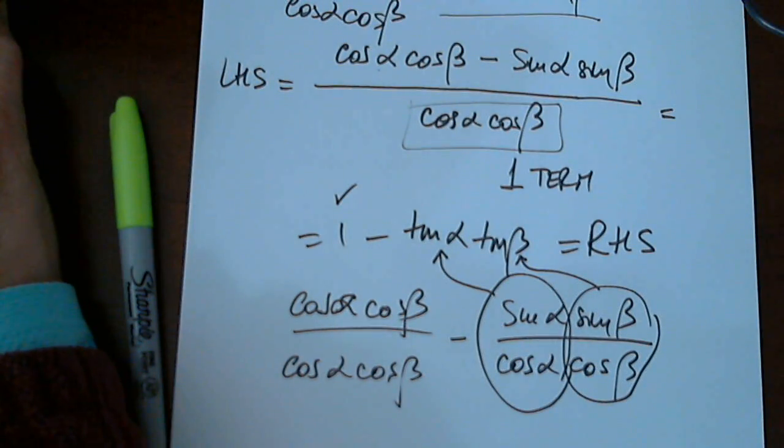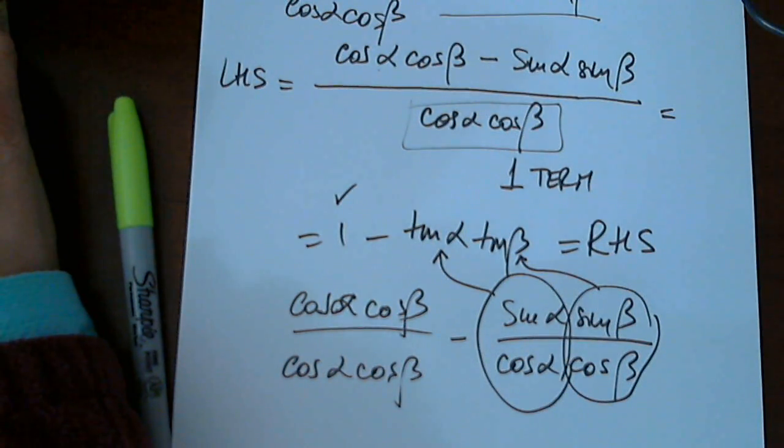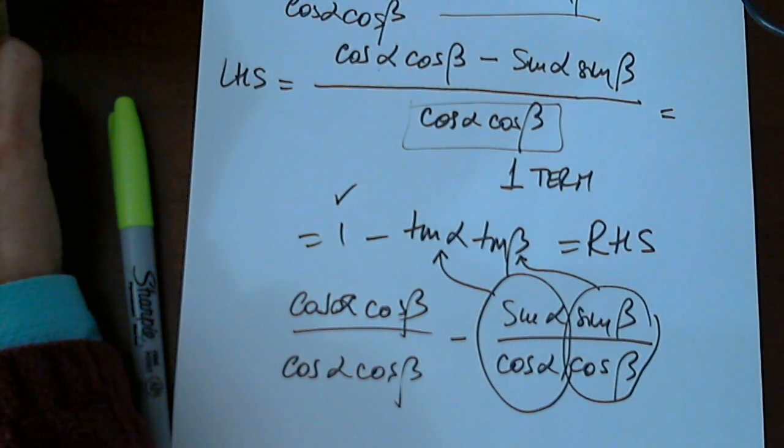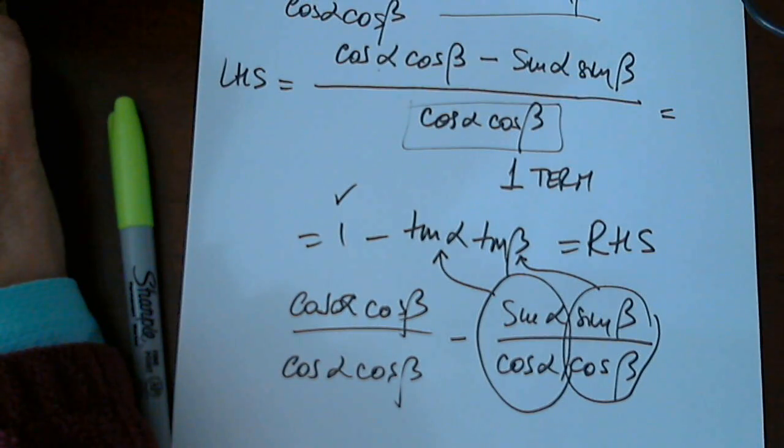So let's choose from here. Let's see any identities with double or half angle.